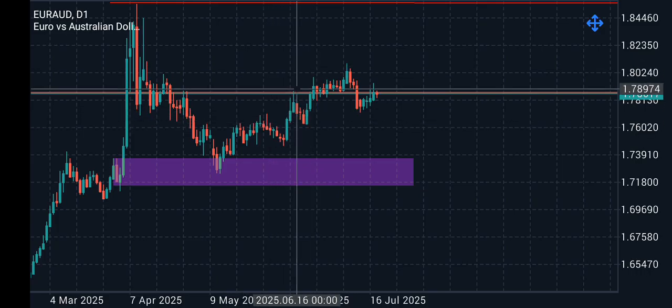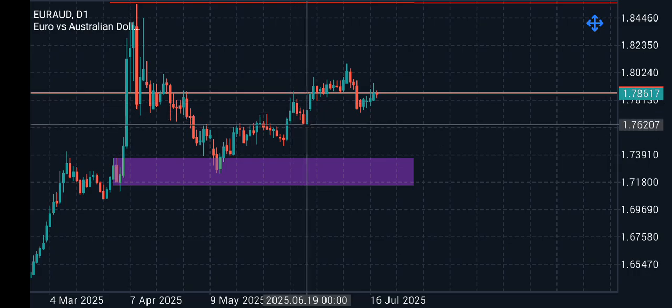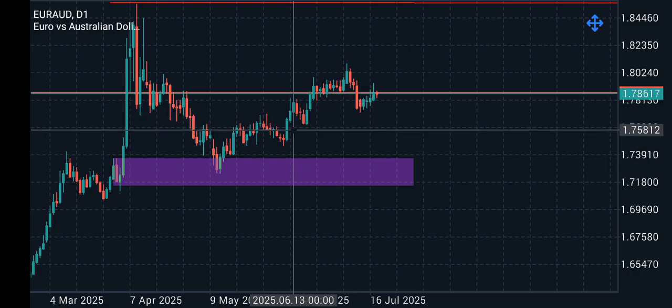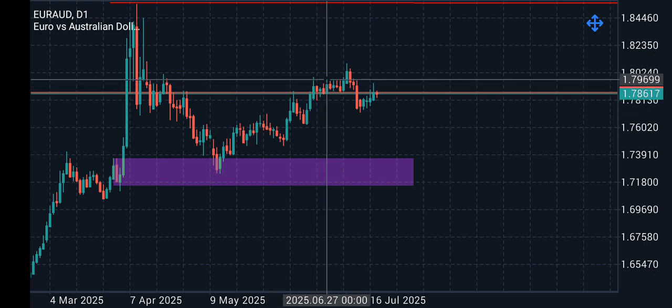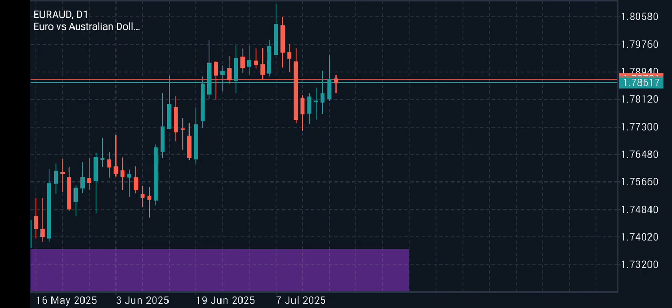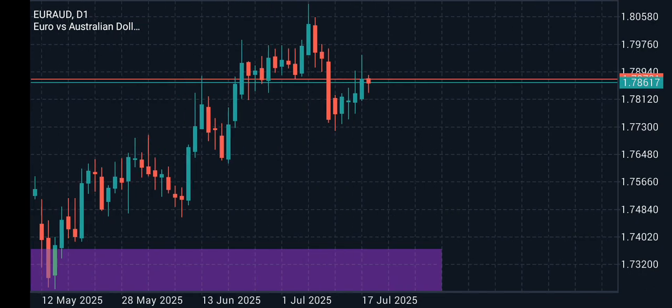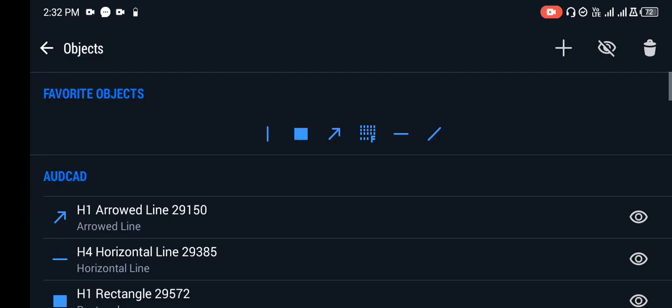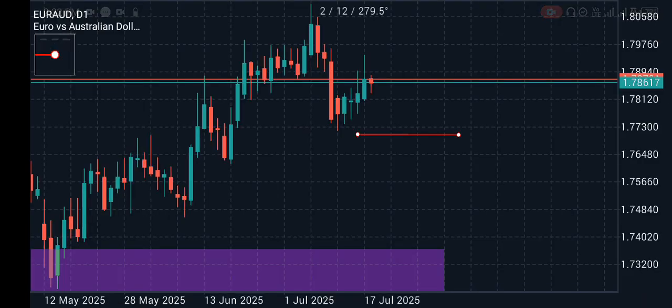It later broke structure to the upside, and it barely filled this imbalance, but it plummeted up, thus breaking this structure to the upside, creating a break of structure.